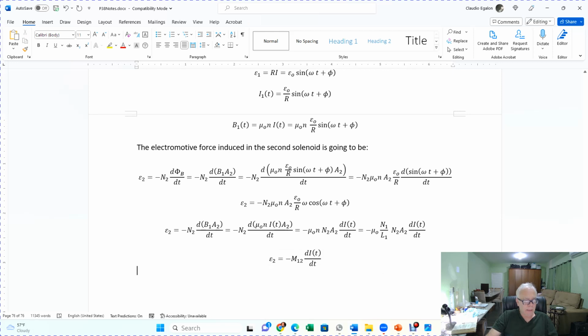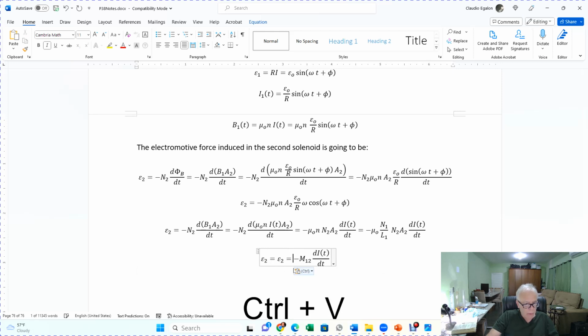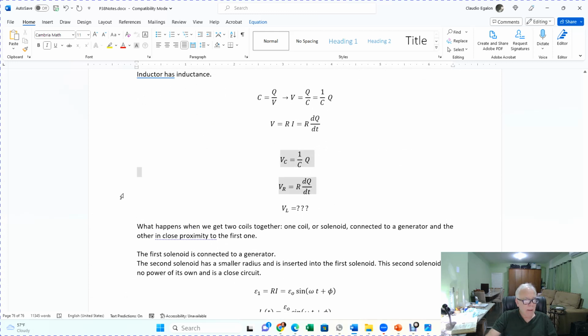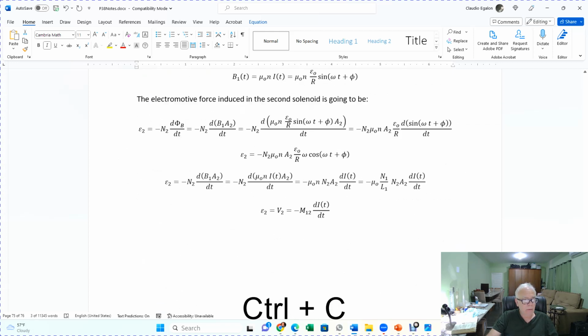Now, let's put it together. Instead of writing epsilon 2, I'm also going to write V2, to make our notation consistent with the other two devices. Let's go back to my capacitor and my inductor. Notice that I put VL, what VL is going to be. I just found out what VL is going to be.